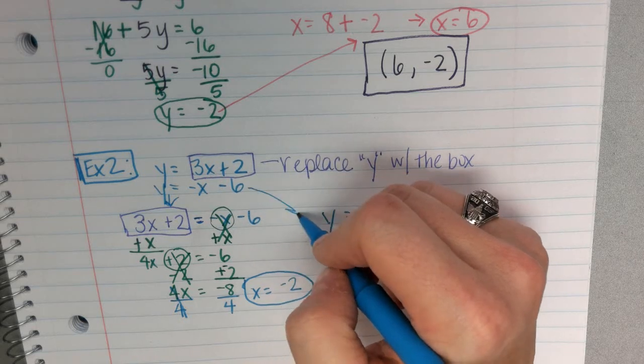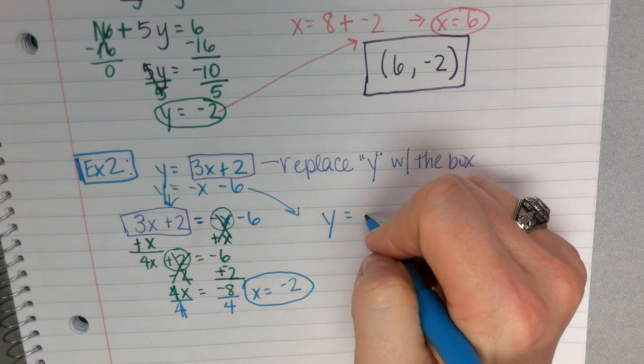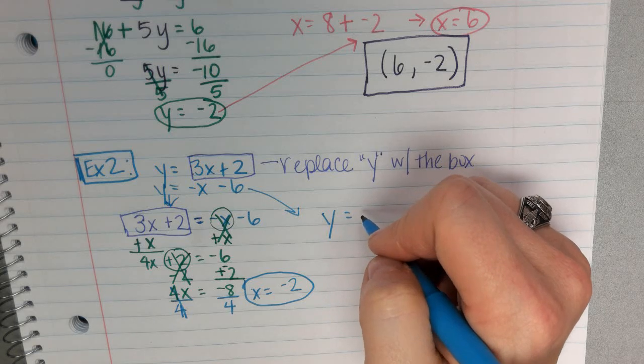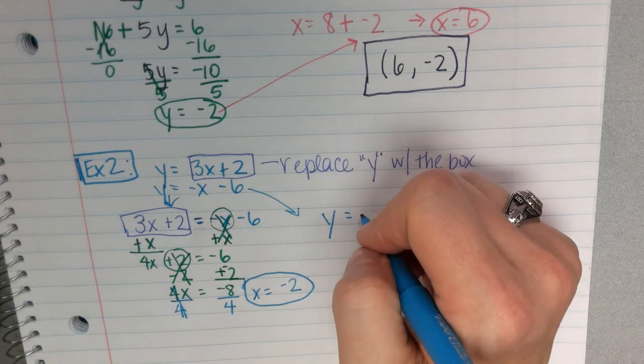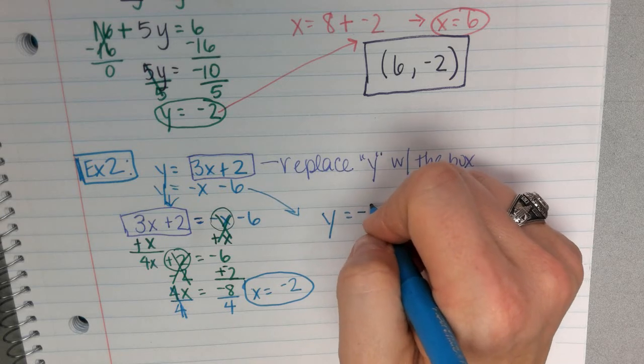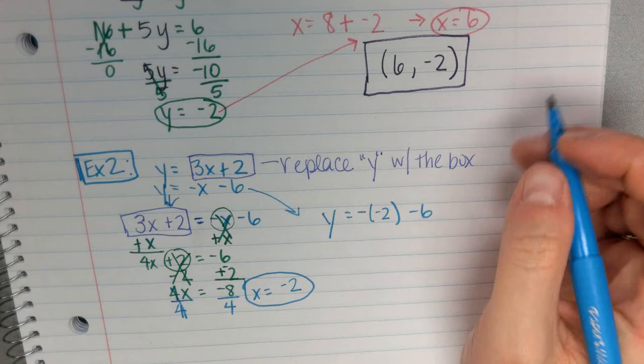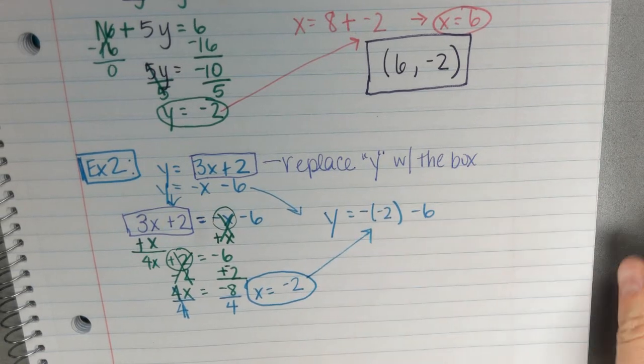Okay? So negative x minus 6. If our x is negative 2, it's a negative, and then negative 2 is our x, minus 6. We're just plugging that in right there.